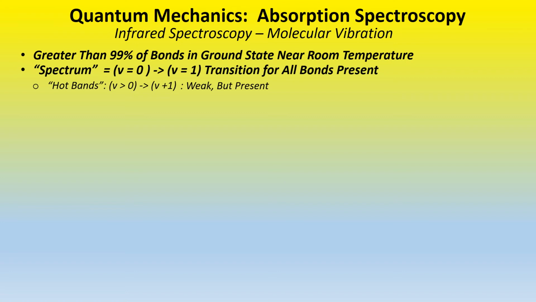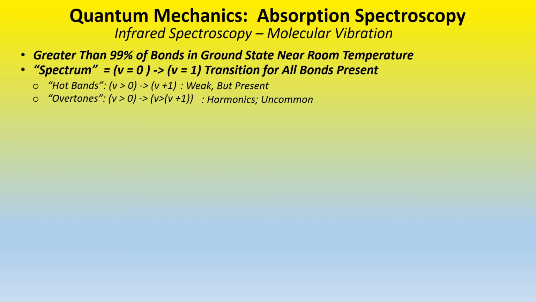Overtones are also present, where you start at the ground state of V equals 0, and yet can skip to 1 or 2 higher numbers. This is essentially a harmonic, if one would play a guitar, and they are very uncommon.